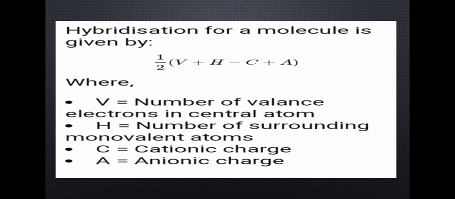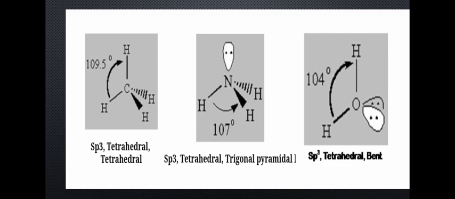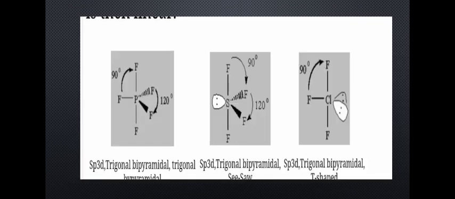So I get half of 8 plus 2, which is equal to 5. And if the value is 5, that means 5 orbitals will be used, and if 5 orbitals are used, hybridization is always sp3d. And the arrangement, you very well know, in case of sp3d is trigonal bipyramidal, just like the first figure.